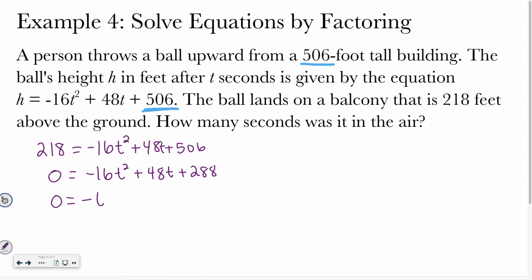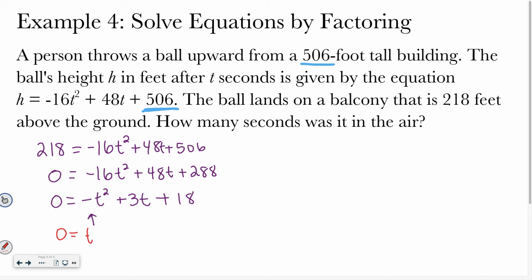I'd be left with negative t squared plus 3t plus 18. And then, from there, one important thing to note is we don't like to factor when we start with a negative. So what I'm going to do is change the sign of everything. So 0 is kind of the special case. It's not positive or negative, so it just stays.